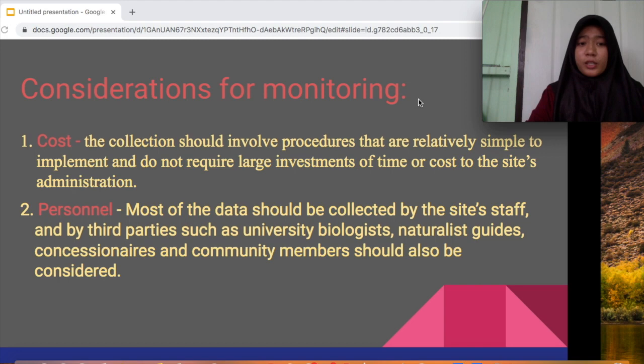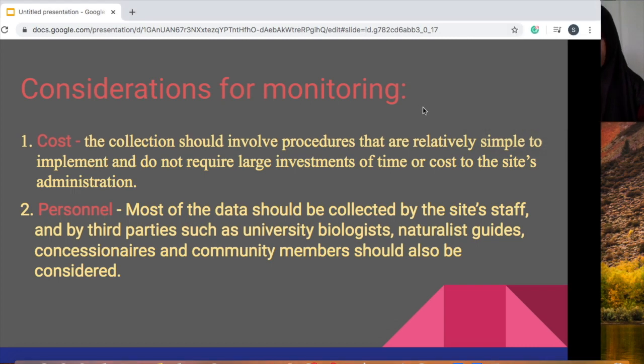The collection should involve procedures that are relatively simple to implement and do not require a large investment of time or cost to the site's administration. Second is personnel. Most of the data should be collected by the site staff, and third parties such as university biologists, naturalist guides, concessionaires, and community members should also be considered.